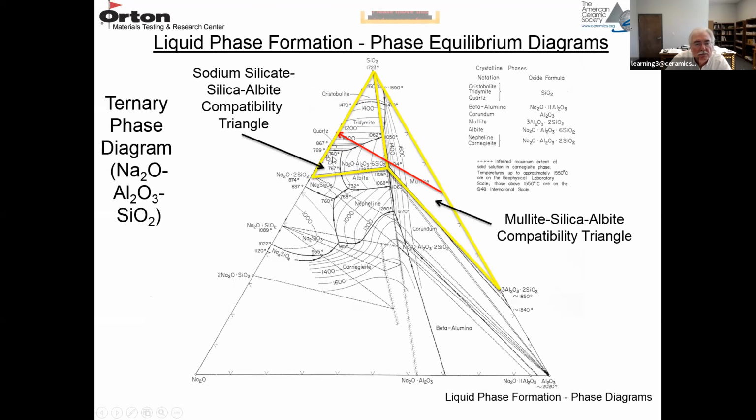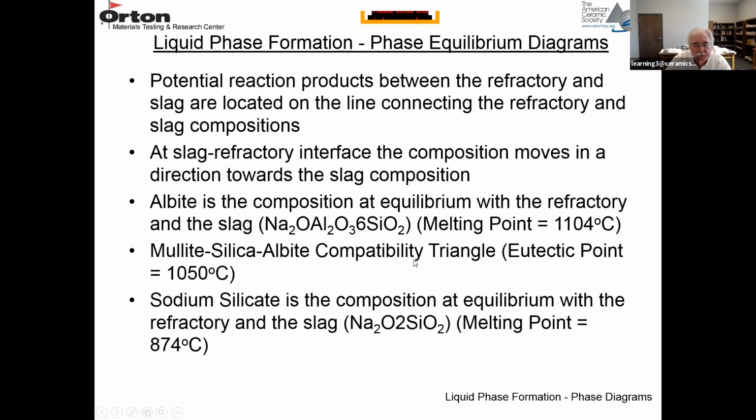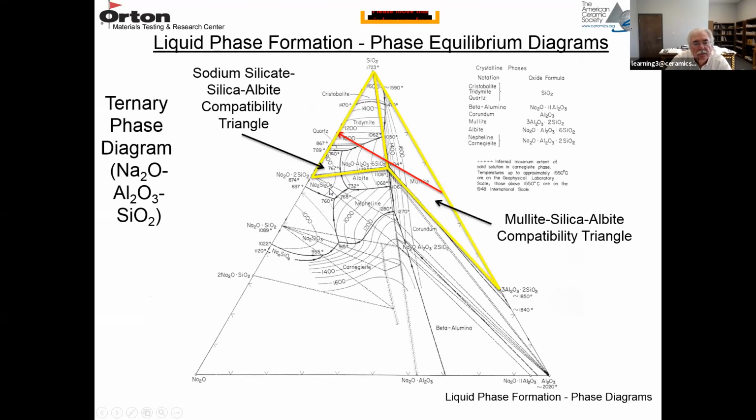And here's a low melting eutectic, and here's the melting point. I'm trying to find the exact melting point. There it is right there, 867. No, 874. There it is, right there.